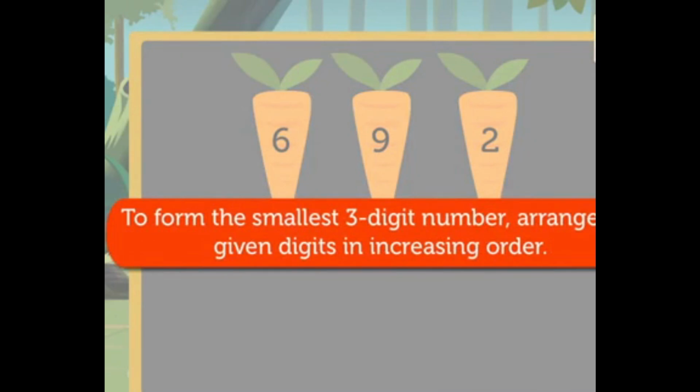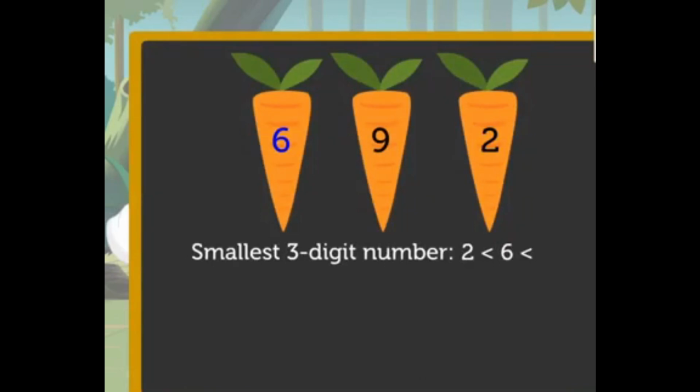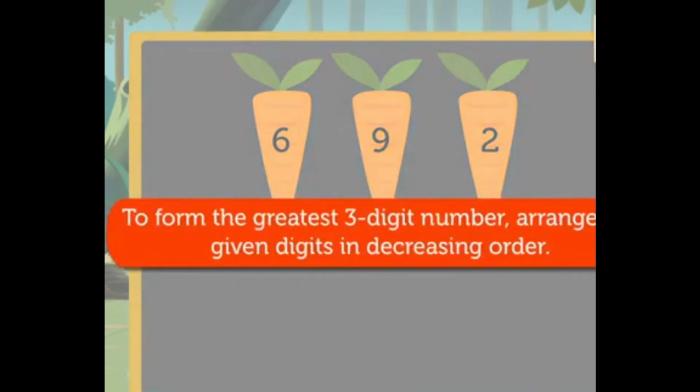Let us arrange the given digits in increasing order. Here 2 is smaller than 6. 6 is smaller than 9. So, we have arranged the digit as 2, then 6 and then 9. Wow! He have formed the smallest three-digit number, that is 269. Now, to form the greatest three-digit number.